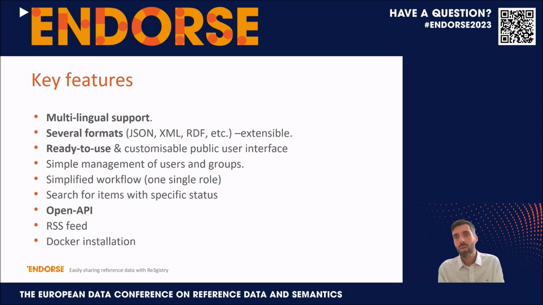You can call the API of this other registry and provide that information to the user. In addition, registry software supports RSS feed, so you can subscribe and get notifications when items are uploaded or modified.